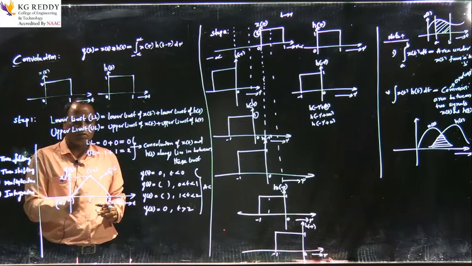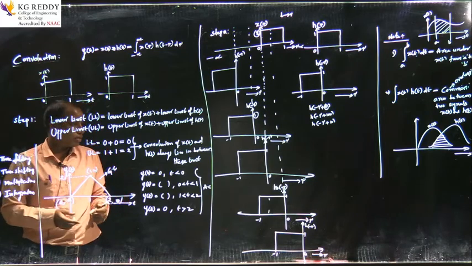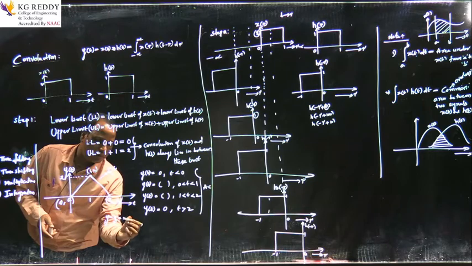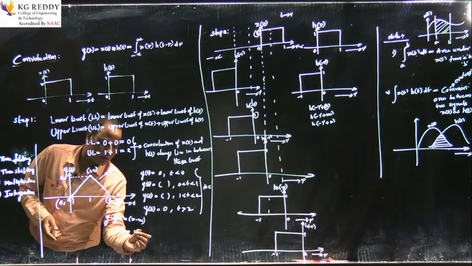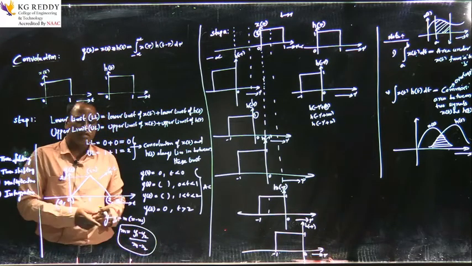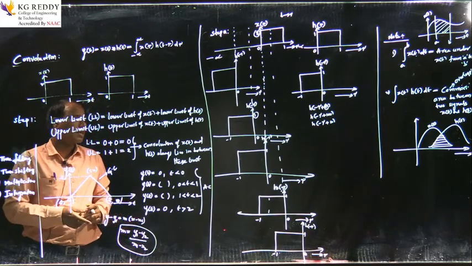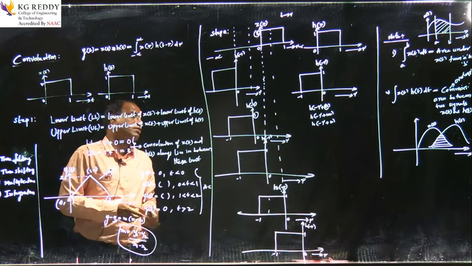Based on coordinate geometry, y minus y1 is equal to m into x minus x1, where m is the difference in y coordinates divided by the difference in x coordinates. You know this slope. Based on this formula, we can get the expressions for this line and this line. That is one way of calculating. Even we can use other methods to calculate the convolution of these two particular signals.